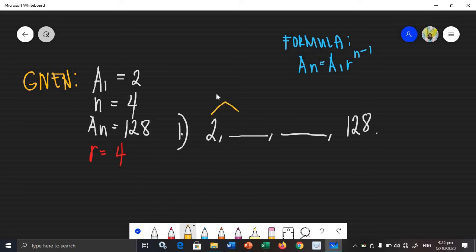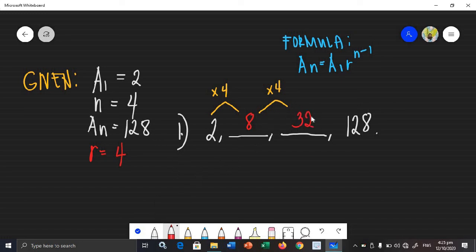Multiply natin yung first term sa 4. Lang yun. So, 2 times 4, the answer here is 8. And then, si 8 multiply natin again, si 4. Kasi yun nga yung common ratio mo. So, 8 times 4, the answer is 32.